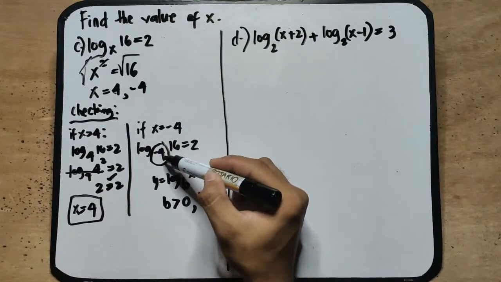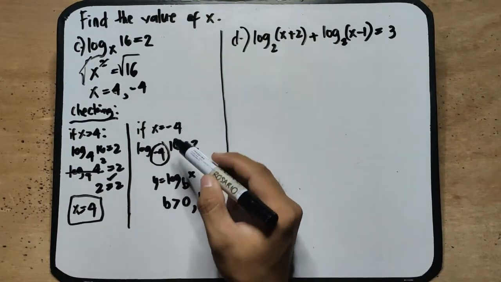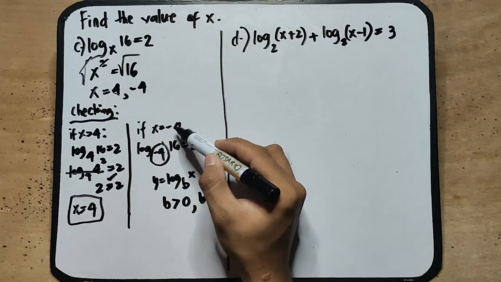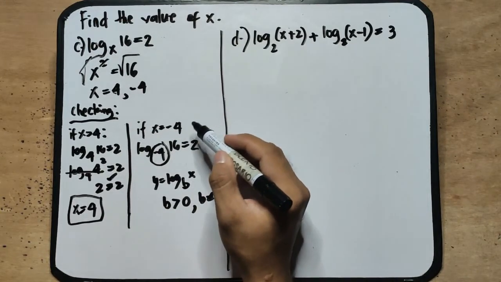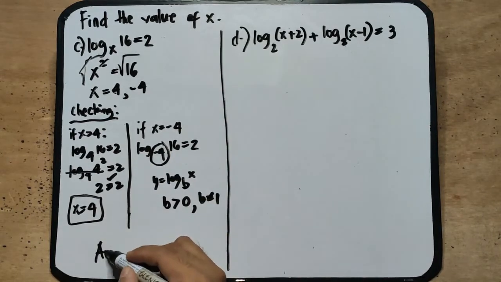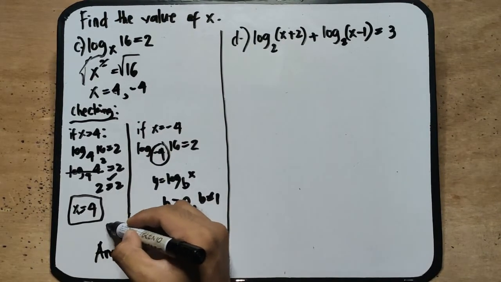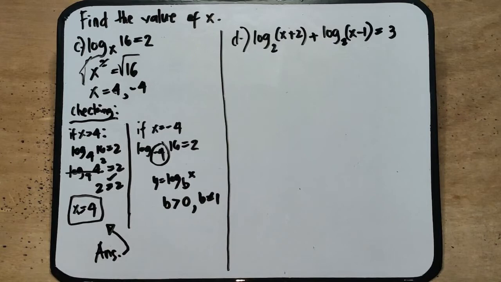Since nag-negative siya, ibig sabihin yung negative 4 na nakuha natin ay invalid, hindi siya valid na value ni x. Therefore, our only answer is x is equal to 4.